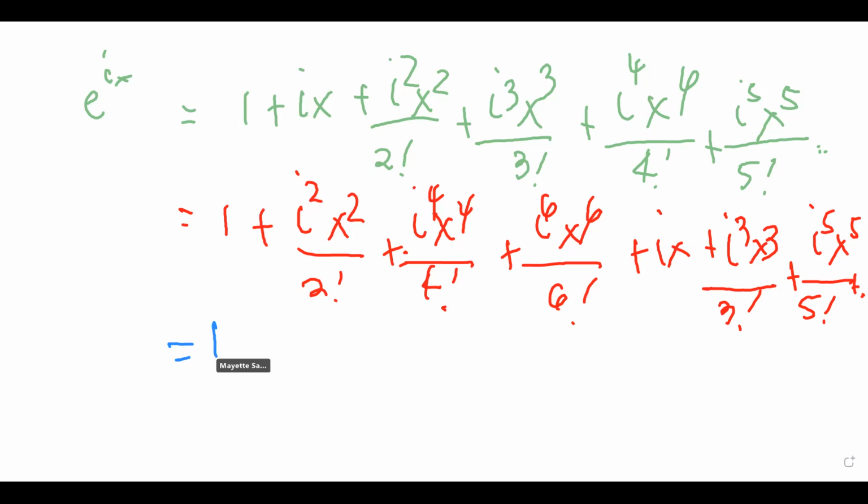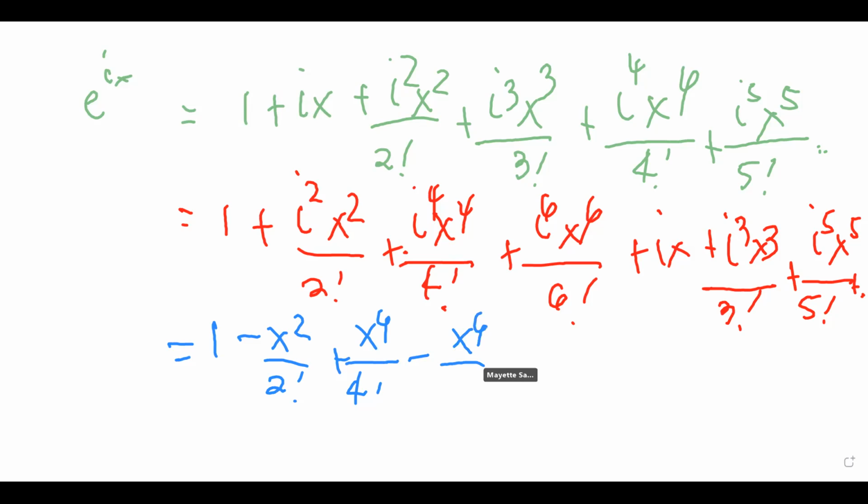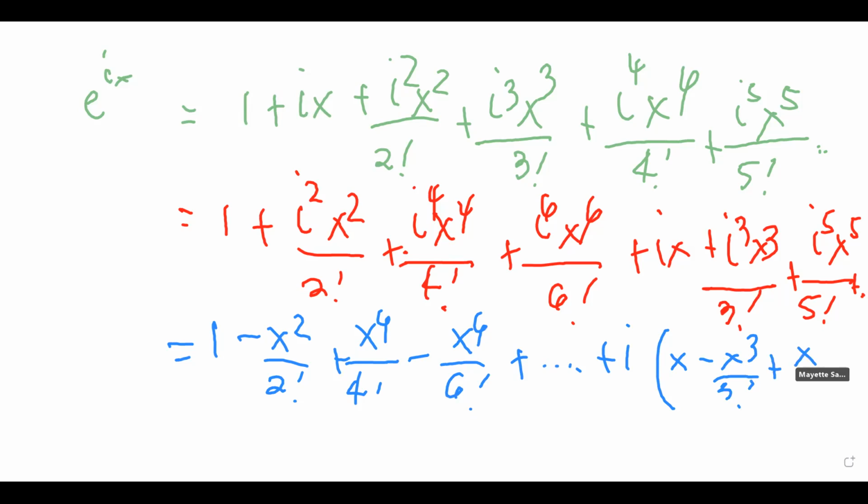So 1 minus x squared over 2 factorial plus x to the 4th over 4 factorial minus x to the 6th over 6 factorial, and so on. On this side here, plus i, factoring i out, this will give us x minus x cubed over 3 factorial plus x to the 5th over 5 factorial and so on.